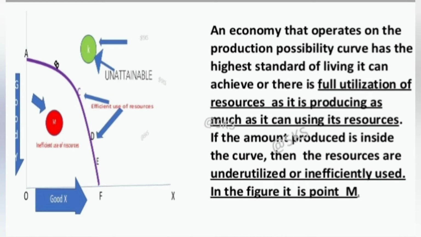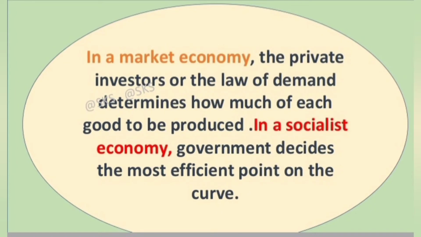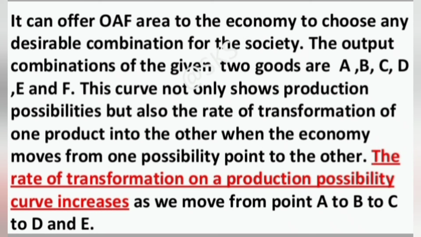First possibility A, then B, C, D, E, F. Which possibility the economy will choose depends on the needs of the society and the nature of the economy. The economy needs defense goods, infrastructure, food crops. In a socialist economy, the government decides what good to be produced and in what quantity. In a capitalist economy, private investors decide; in a mixed economy, both the private sector and the public sector.